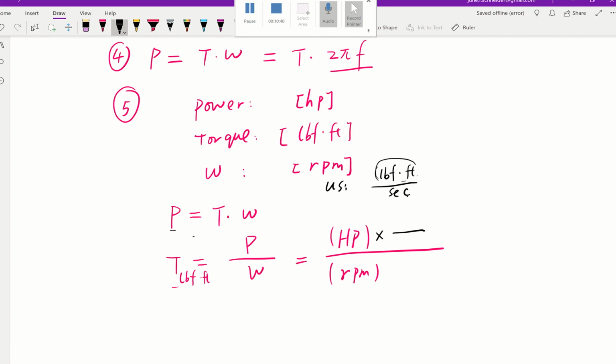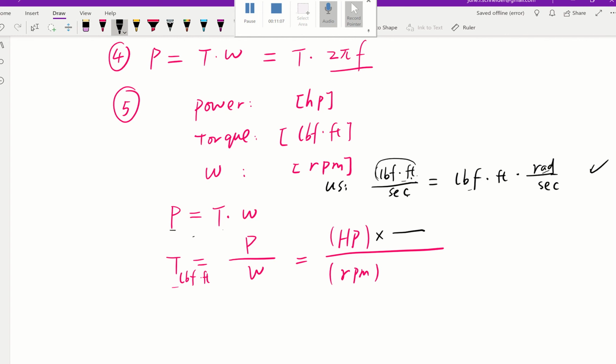Energy divided by time, that's power. Energy for the US system is force times distance, pound-force times foot. Then for the torque, we're going to use pound-foot, force times moment arm, and omega, being angular velocity, is radians per second. Radians has no unit, so basically this equation is satisfied.